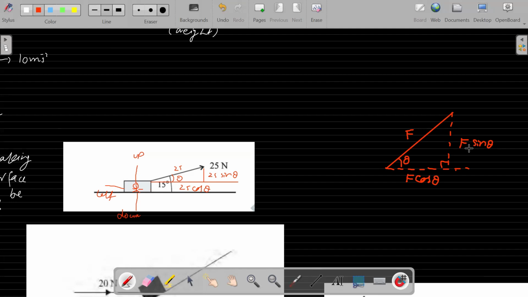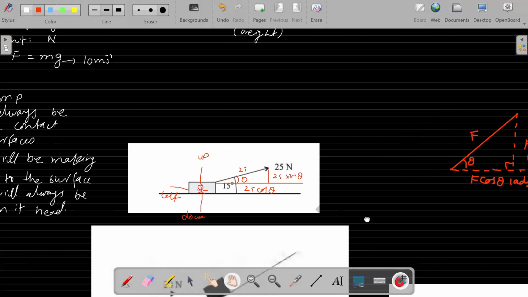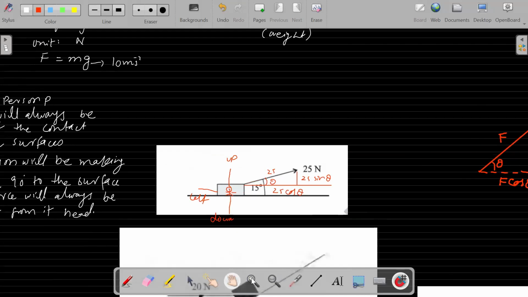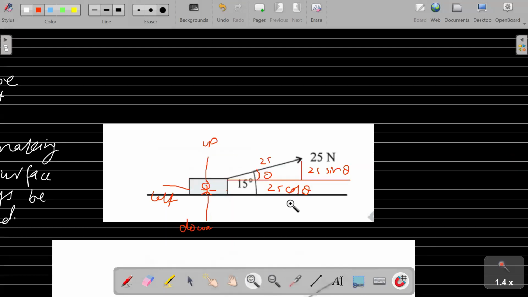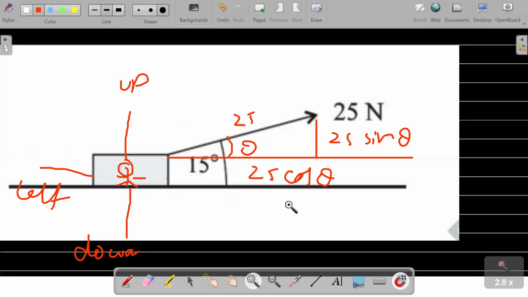So that is our vertical component, and that is our horizontal component. Or opposite side and adjacent side, as you know. That is our adjacent side. Is it clear? That's why I have drawn this figure into its rectangular components. I hope now you have cleared your concept about it.